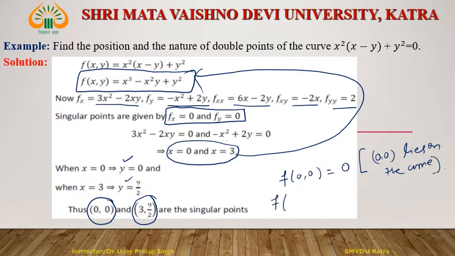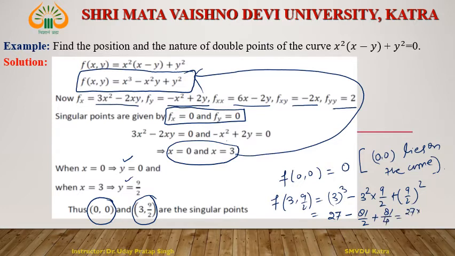Second, (3, 9/2). See, 3³ minus 3² times y, that is 9/2, plus (9/2)², that is 27 minus 3² times 9/2, that is 81/2, plus 81/4, and this is equal to 27 into 4 minus 81 into 2 plus 81 divided by 4.